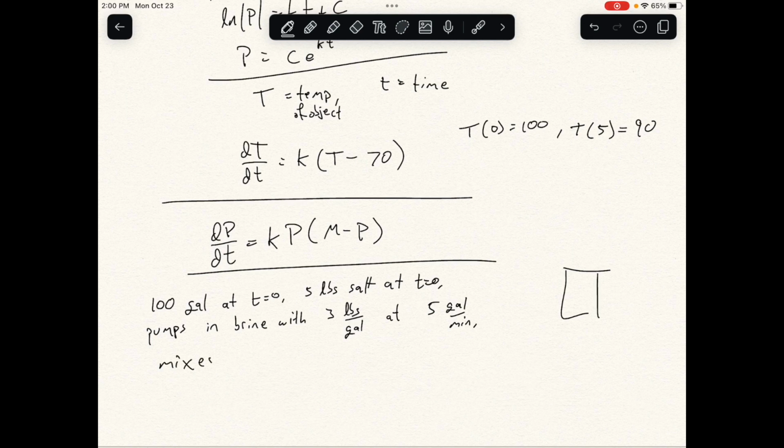And it mixes everything and pumps out at a rate of, let's say, 8 gallons per minute.